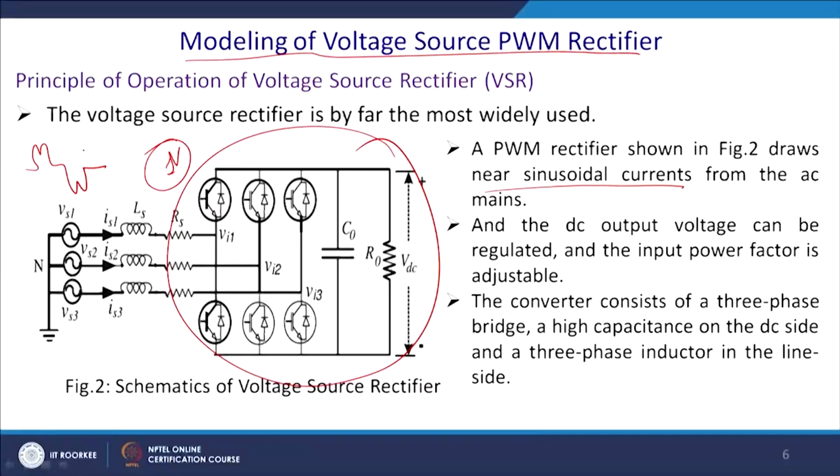Otherwise, you know that if it is 3 phase 3 wire system, if you feed the diode bridge rectifier, current will be like this for the RL kind of load, and for the RC kind of load, and it is quite bad. This will be the thing for RL, and this is for the RC for diode bridge rectifier.